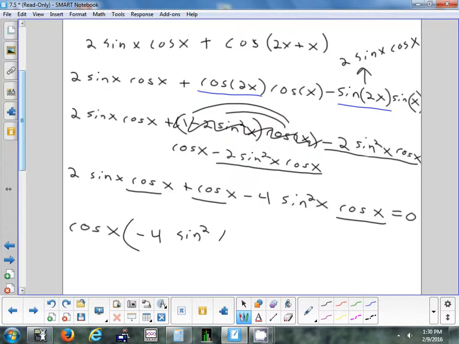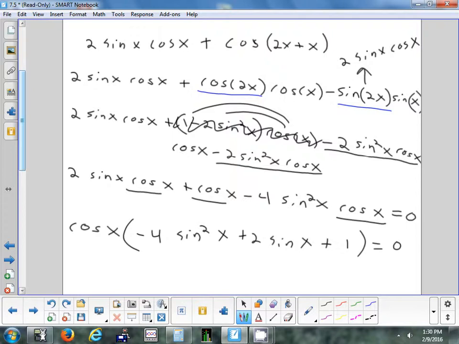Sine squared x. What would you get if you factor it out of the first term? 2 sine. Plus 2 sine x. And what would you get if you factor it out of the middle term? 1.